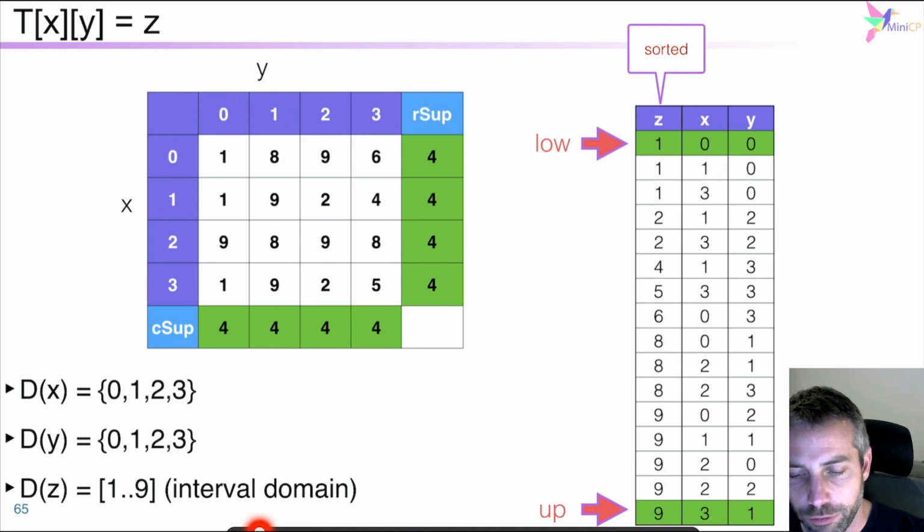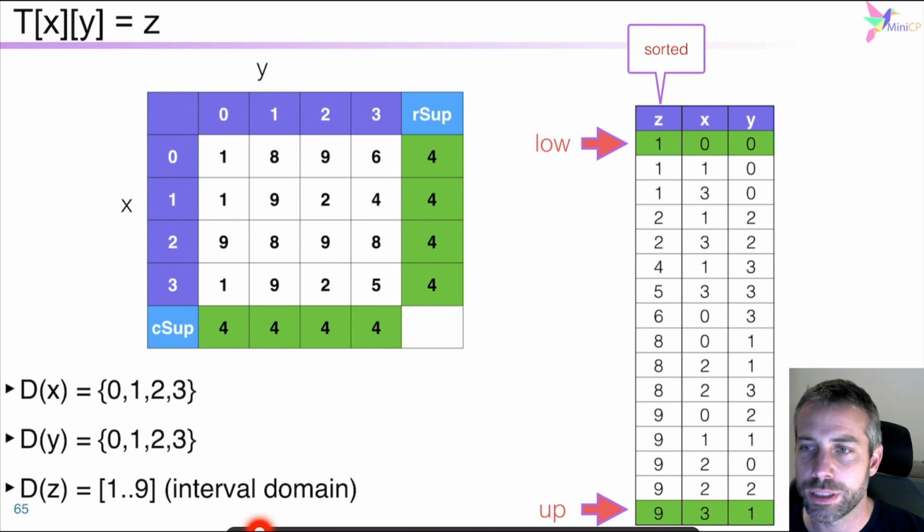So, for instance, let's consider this triple for that entry. You see that it's at index 0, 1, and we have the value 8, and you can retrieve it there. So you've got 8, 0, 1. That entry in the table corresponds to this cell, because there is the value 8, there is the index 0, and there is the index for y, which is 1.